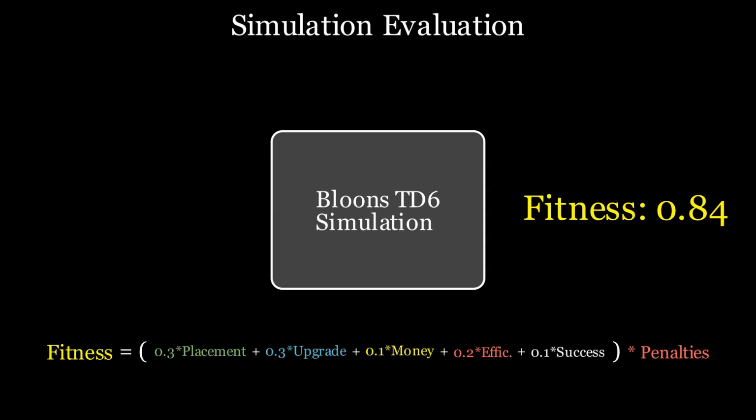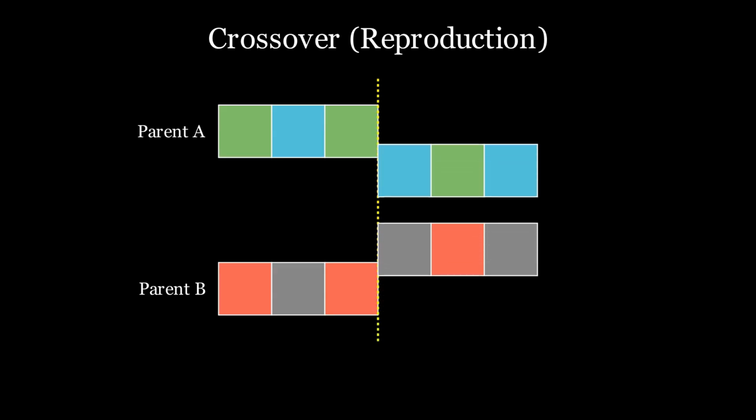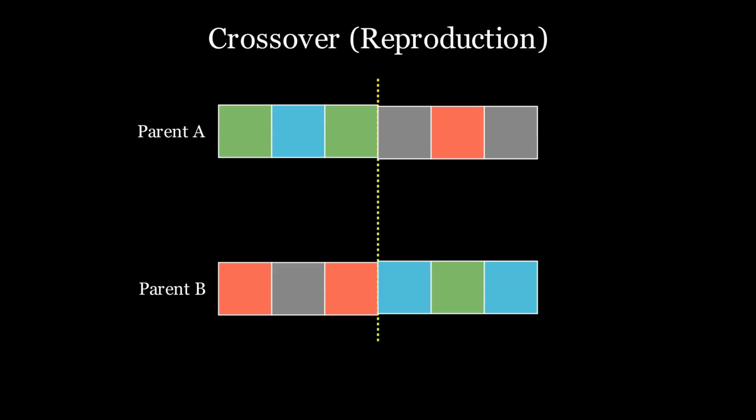Based on the fitness score, we want to pick individuals that are particularly good and use them for further improved strategies. In genetic algorithms, there are two ways we can do this. One is crossover, which basically states that we pick two good strategies identified by a high fitness score and switch certain parts of the strategy.